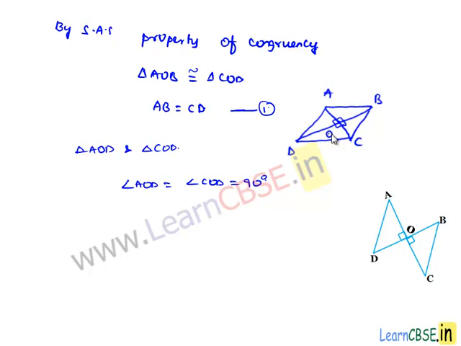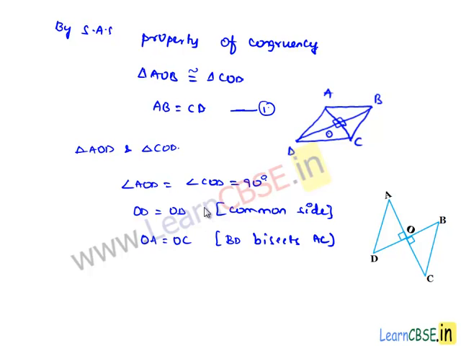and OD is equal to OD since it is a common side for both the triangles. OA is equal to OC as BD perpendicularly bisects AC.